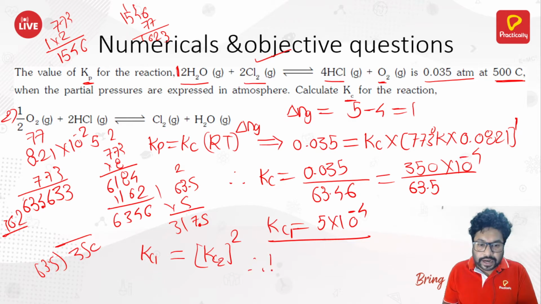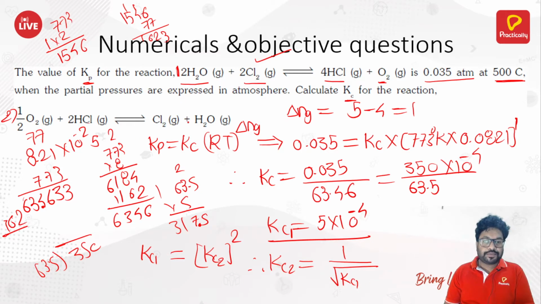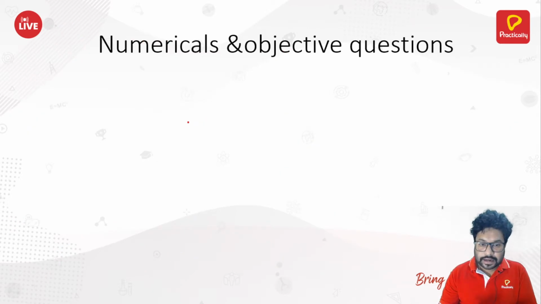So if you want to get the Kc2, and it is also inverse, Kc2 will be equal to 1 divided by the square root of Kc1. That is the relationship between them. So let's go on this page.